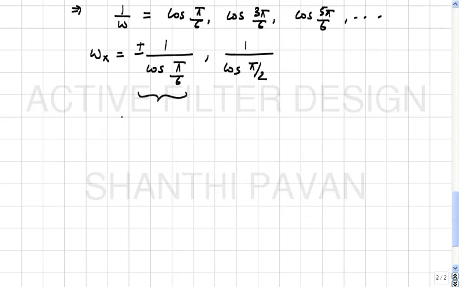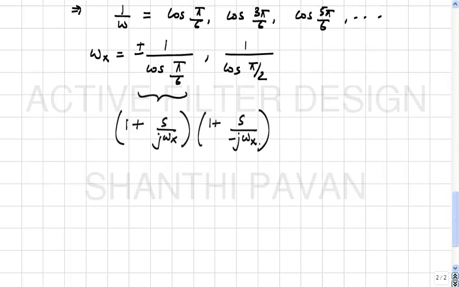So the numerator should be written as 1 plus s by j omega x times 1 plus s by minus j omega x times 1 plus s by infinity, correct, which will simply reduce to 1 plus s square by omega x1 square, where omega x1 square is 1 by cos square of pi by 6.